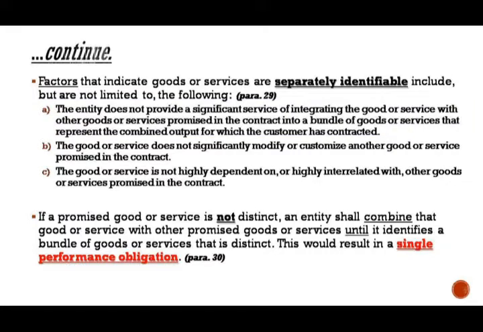It means that whatever we are doing should not lead to a combined output. That's number A. Number B, the goods or services which you are providing are not modifying or customizing another good promised in the contract. We are not modifying something promised in the contract. Number C, the goods or services are not highly dependent or interrelated with other goods or services promised in the contract. It means that the goods are separate.